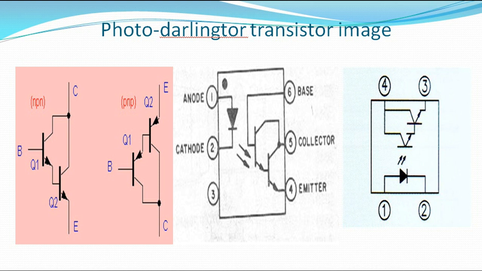So why is it like that? If a bias is added to it, it has a higher voltage between these two areas, emitter to base or base to emitter.